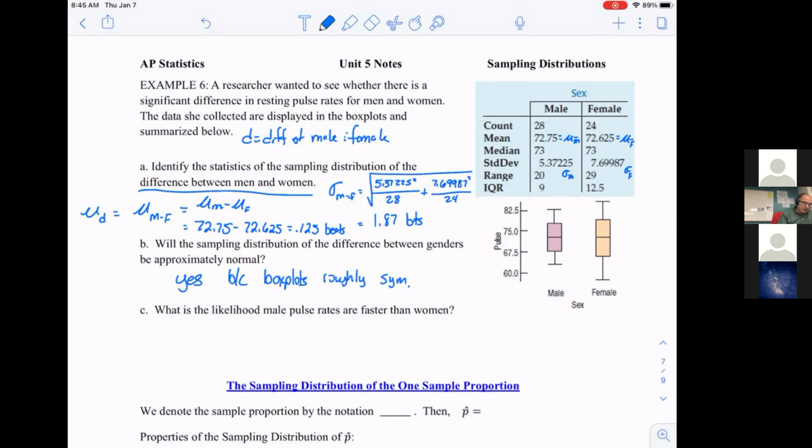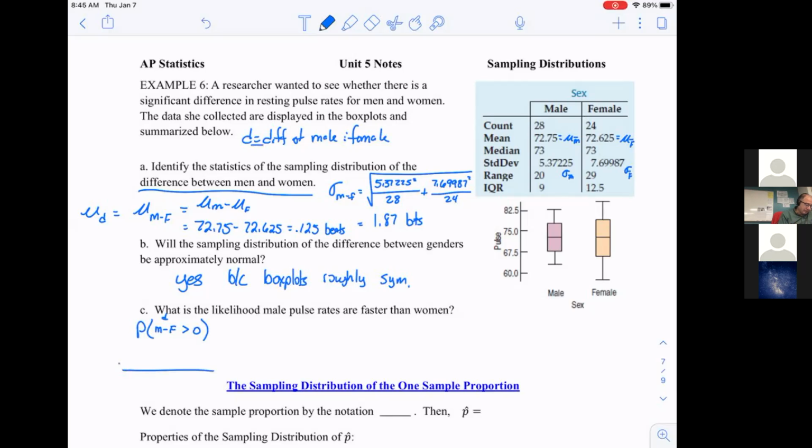What is the likelihood male pulse rates are faster than female pulse rates? So what is the likelihood that the difference we found, males minus females, is going to be greater than 0? If we had defined D up above, we could have said D instead. However you want to note that.